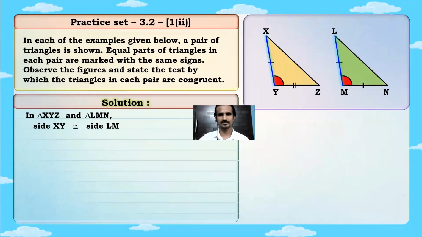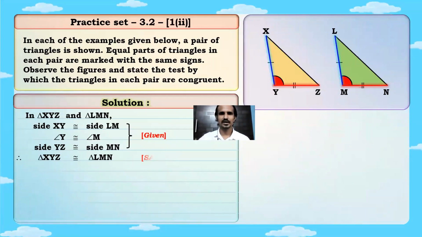Angle Y congruent angle M, given. Side YZ congruent MN, given. Therefore, triangle XYZ congruent triangle LMN by the test of SAS. Very good, Harshit. Okay, please mute yourself.